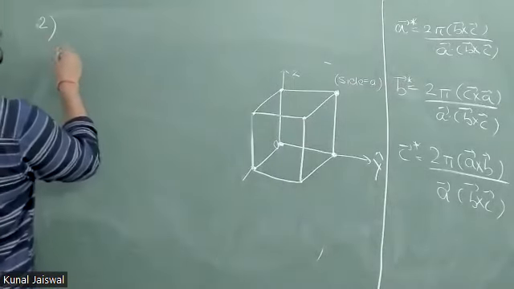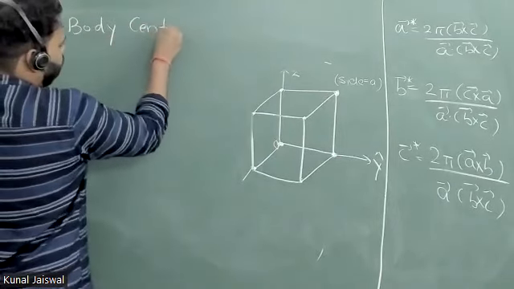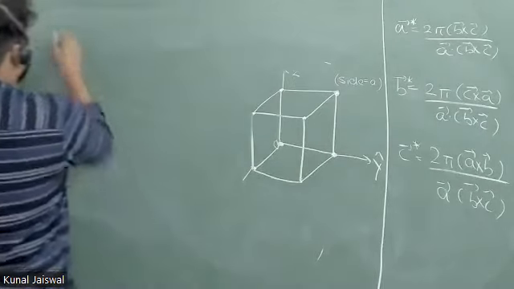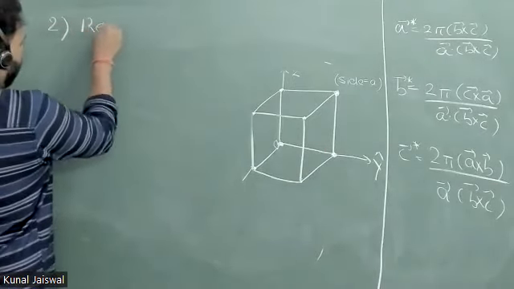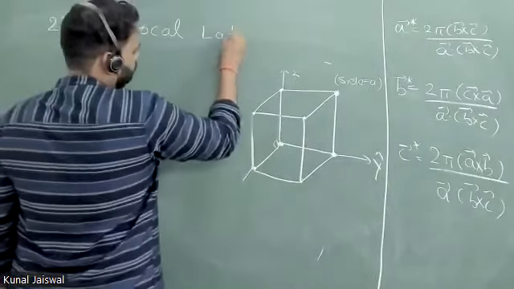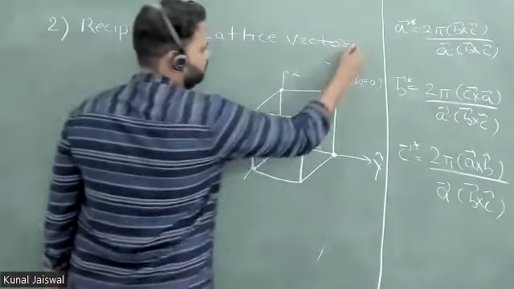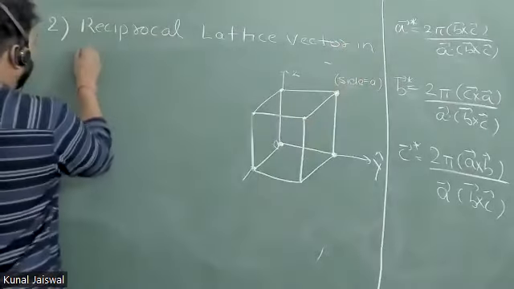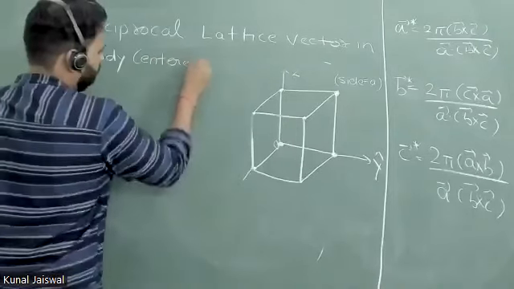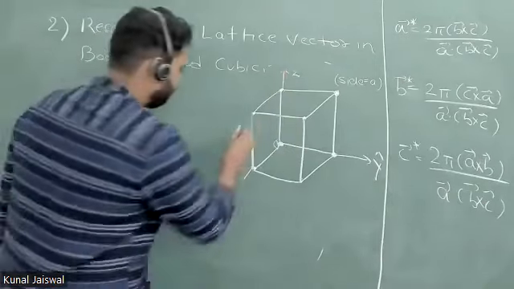The second one is, oh sorry, reciprocal lattice vector in BCC or in body centered cubic. ठीक है ना?